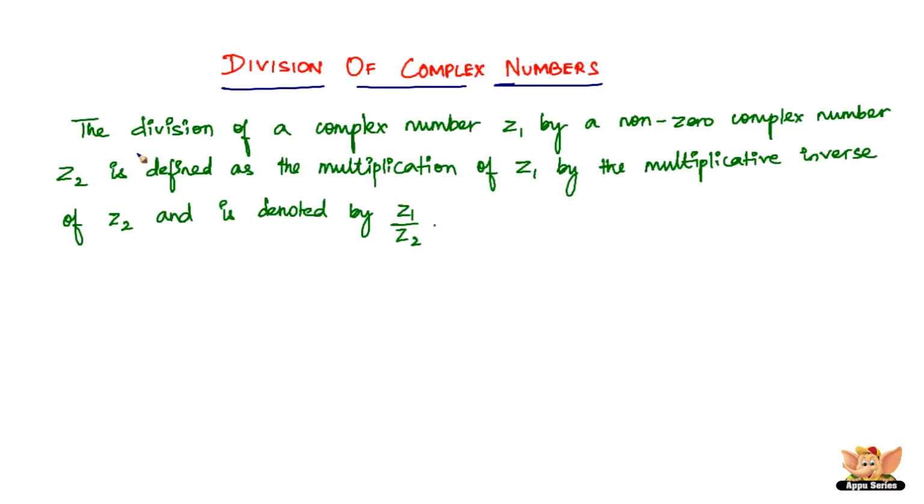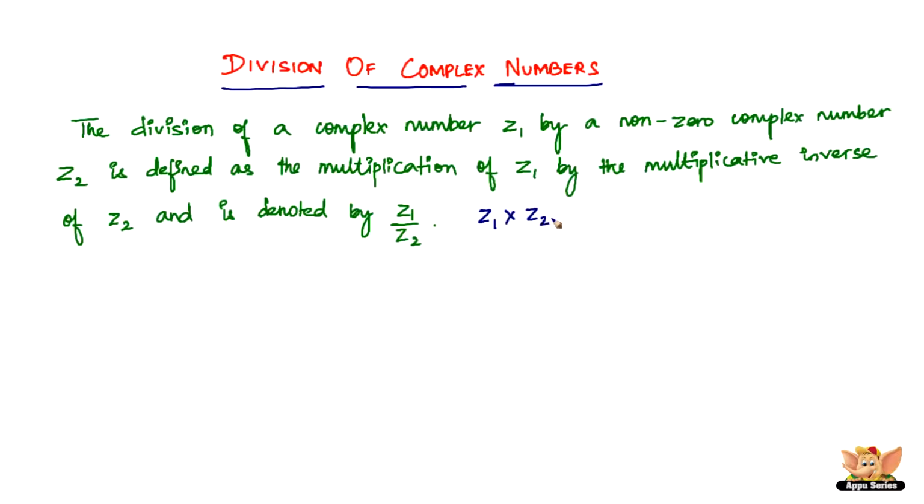Alright, here we've got a little explanation about the division of complex numbers. The division of a complex number Z1 by a non-zero complex number Z2 is defined as the multiplication of Z1 by the multiplicative inverse of Z2 and is denoted by Z1 divided by Z2, which means it is the multiplication of Z1 and the multiplicative inverse of Z2.